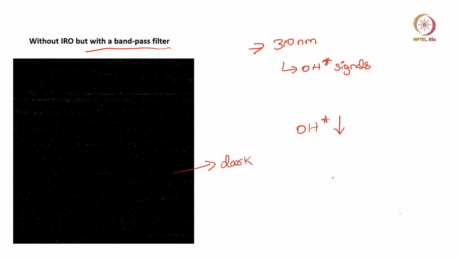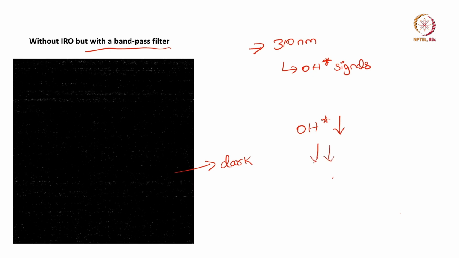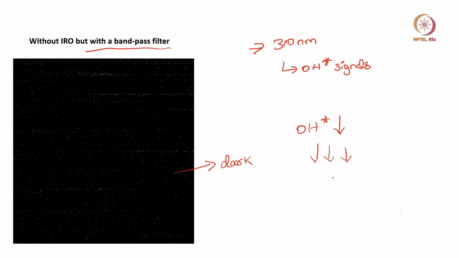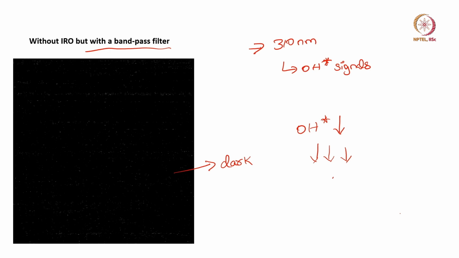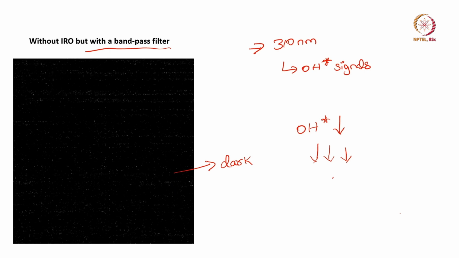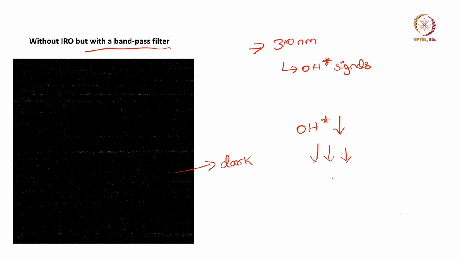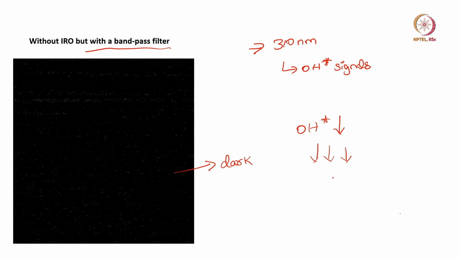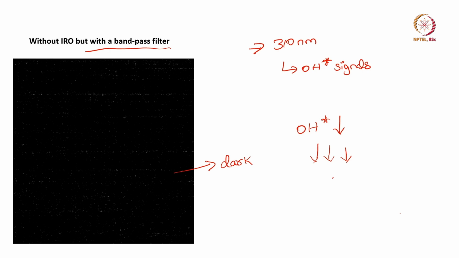By adding the bandpass filter, we have further reduced the already faint signal, allowing only a narrow band of wavelength to pass through the UV lens. This demonstrates the challenges of capturing specific chemiluminescence signals and highlights the necessity of a component like the IRO to amplify these low intensity emissions.